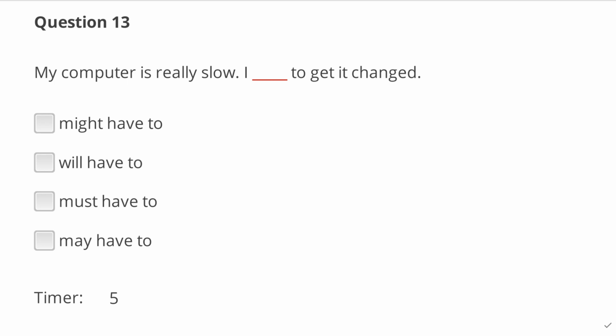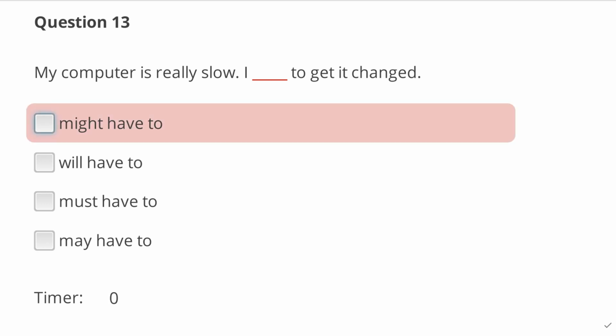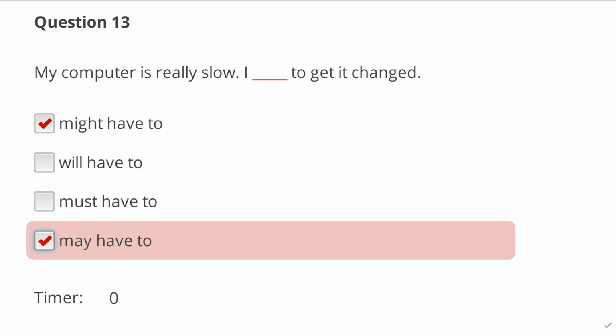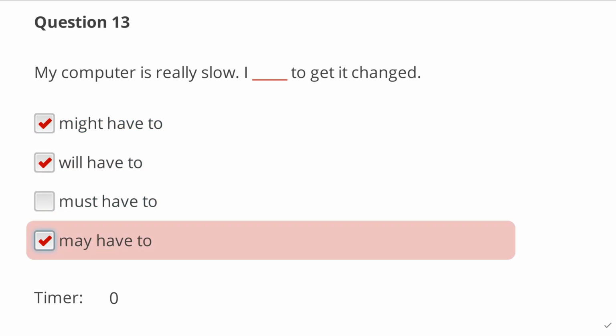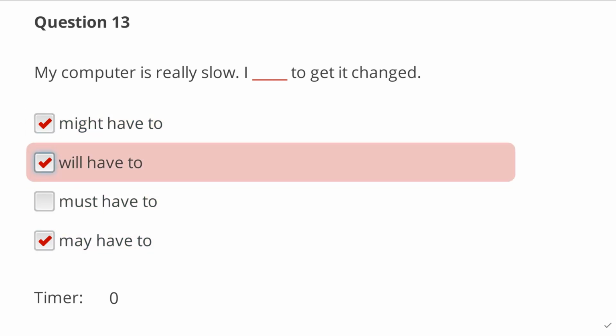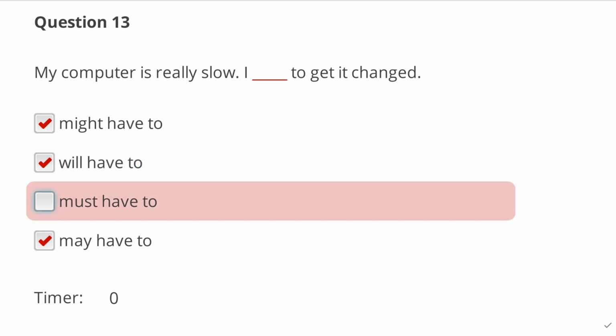So go ahead and pause the video if you need to take more time. So in this case, might have to is correct because you think it is possible that you have to change it. May have to is correct, and will have to is correct. So these two refer to a possibility. This particular expression tells you that it's sure, but you can't use must have to. That's just wrong.